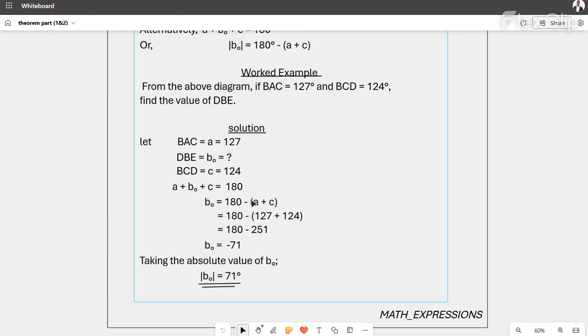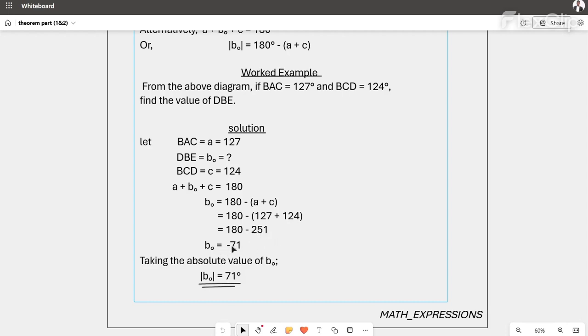If you rearrange this equation, we have angle B naught is equal to 180 degrees minus (angle A plus angle C). If we plug in these values, angle B naught is equal to 180 degrees minus (127 degrees plus 124 degrees), which is equal to 180 degrees minus 251 degrees.